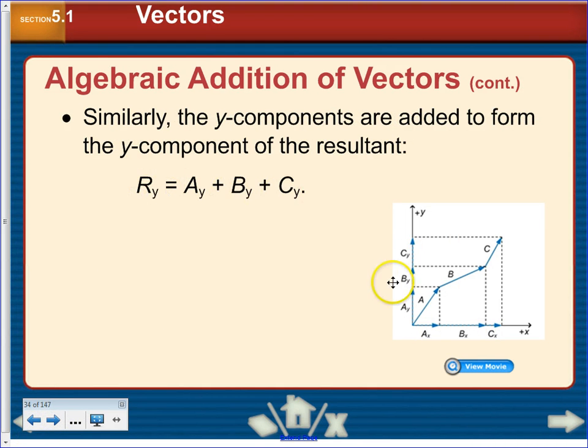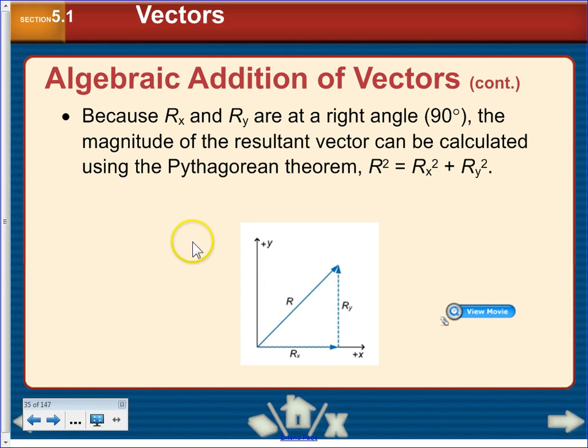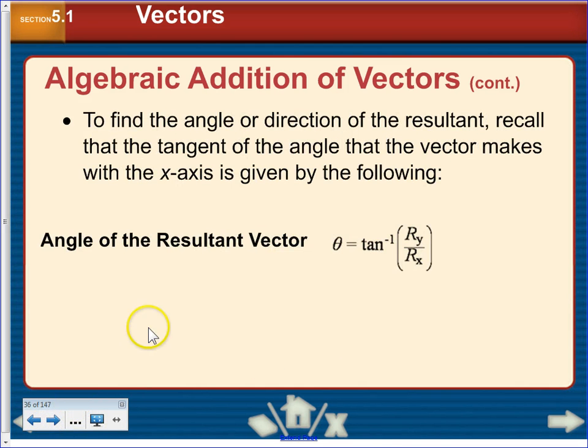So Ry then would be all of the y's, and if you know what Rx and Ry are, because it's a right angle, Pythagorean theorem, you could figure out what the length of the resultant vector is for all of them. Again, you have to use the vector resolution to break it down, and then you put it back. Here again, we're going to use trigonometry to figure out what the angle is.